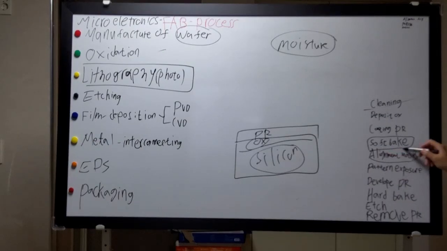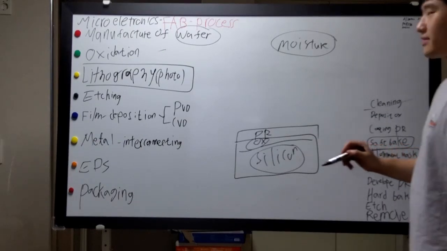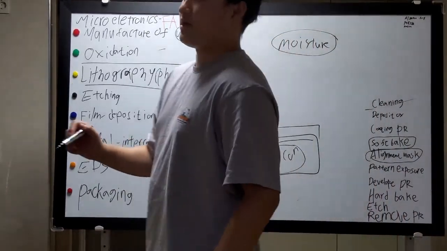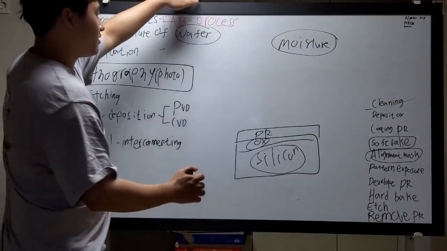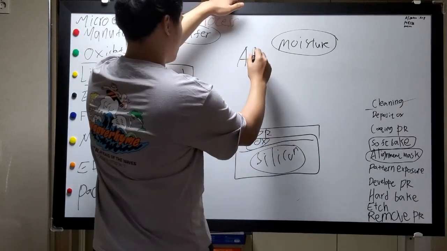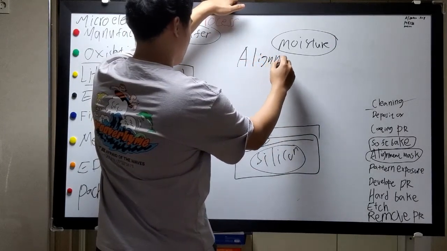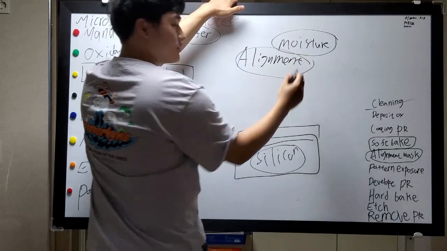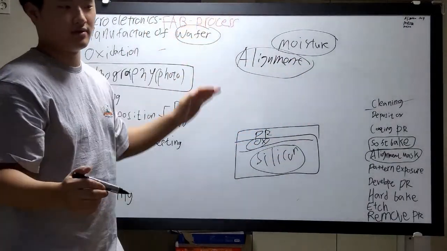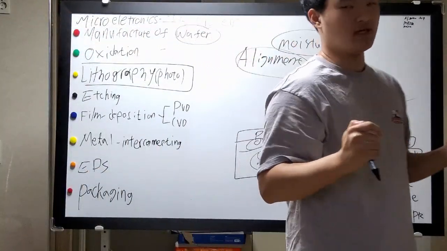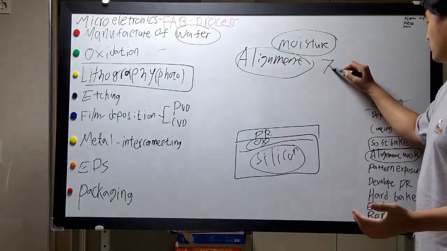And align the mask, or alignment, making the alignment key. What is the alignment key? Alignment is the same as the Korean 정렬.